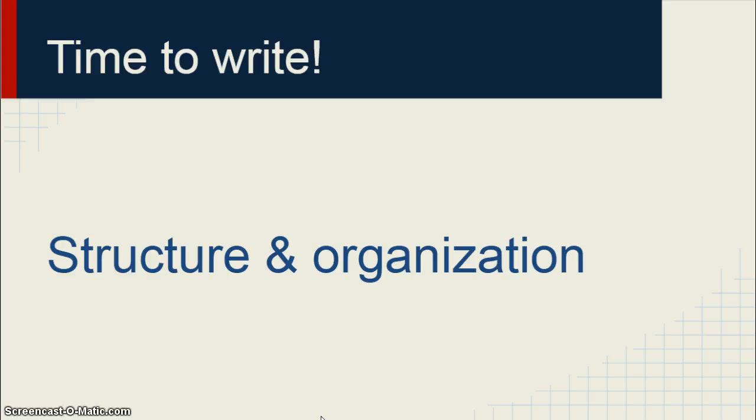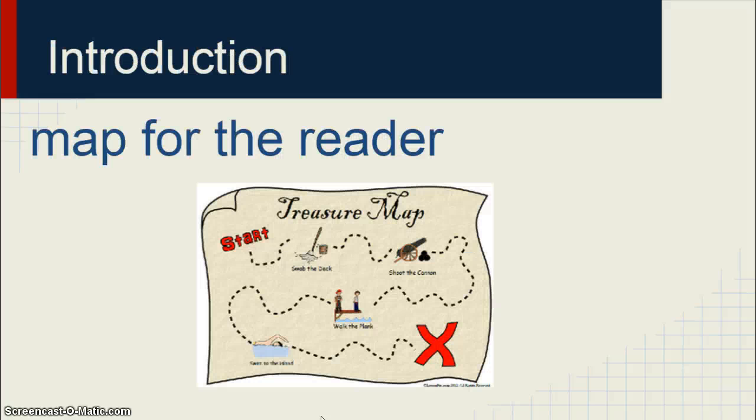So we need to think about the structure and organization of a literature review. As I've mentioned in part 2, we really want to think about our literature review as being a map for the reader.